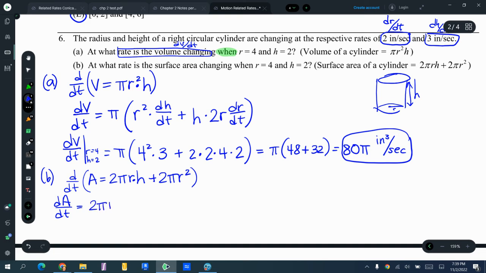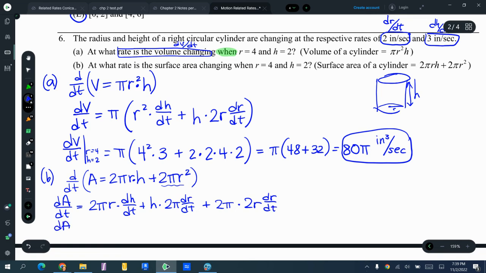We got 2 pi r. So first times the derivative of the second plus the second times the derivative of the first. Derivative of 2 pi r is just 2 pi dr dt. And now we have to do the derivative of 2 pi r squared. So it's just going to be 2 pi times 2r dr dt.